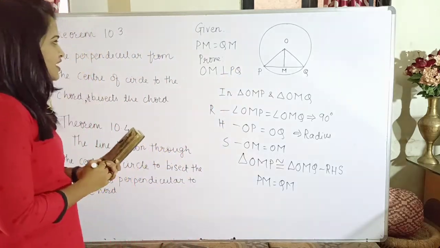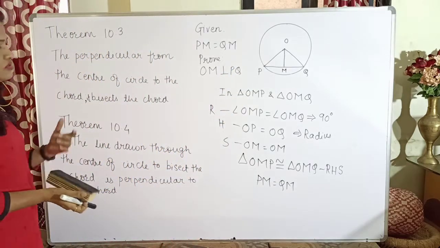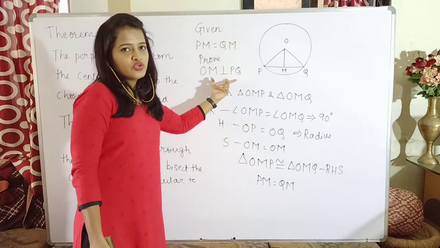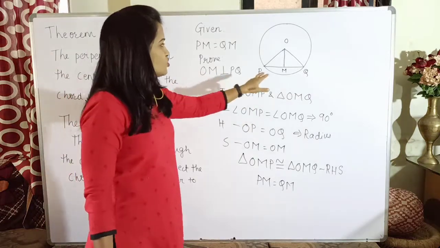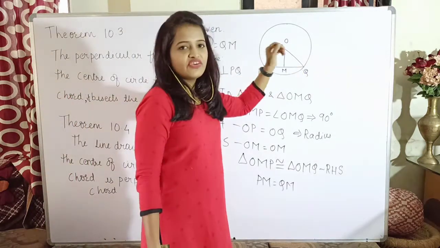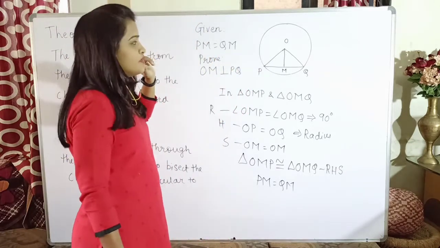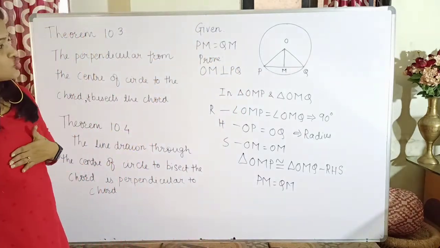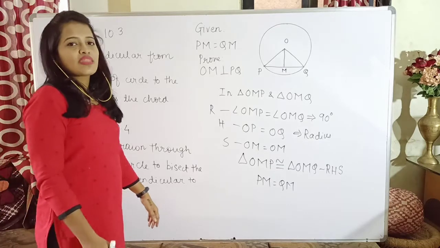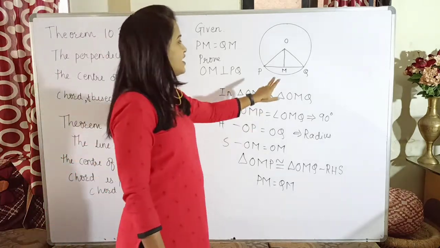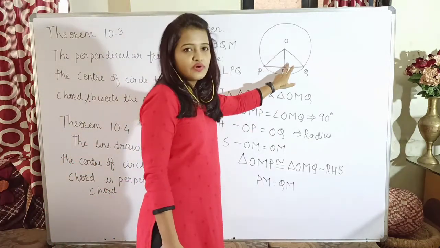Okay, so how can I show OM is perpendicular to PQ? So if I show these two angles are 90 degree, definitely I can say that OM is perpendicular to PQ. Now for showing the two angles as 90 degree, first of all I have to show these two angles equal.